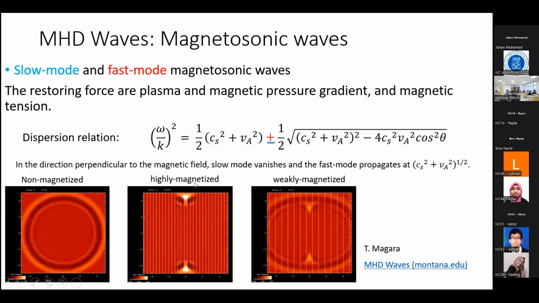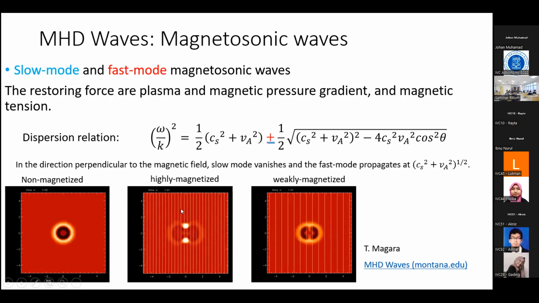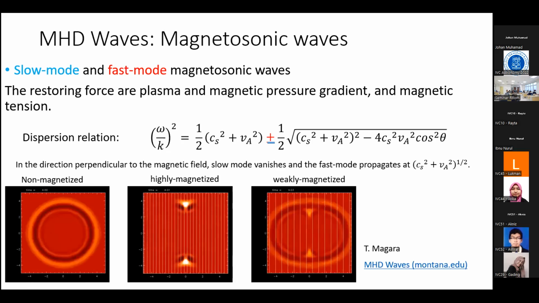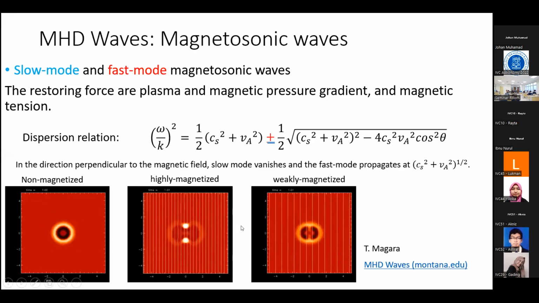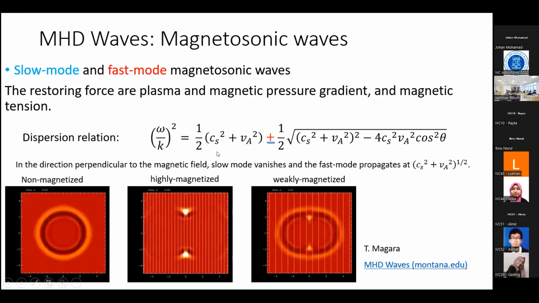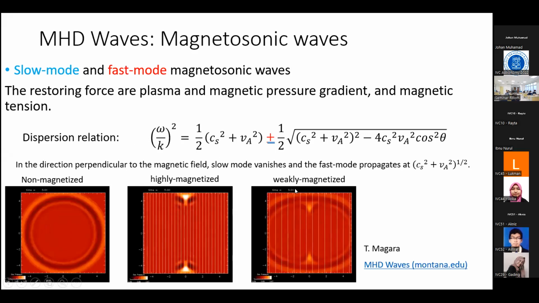But in a highly magnetized field, if we have a perturbation in the plasma, then the wave will propagate in the direction parallel to the magnetic field, very strong like this, but perpendicular to the magnetic field it is quite weak like this one.